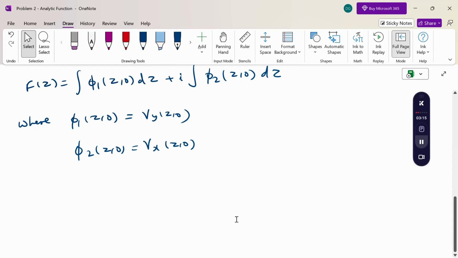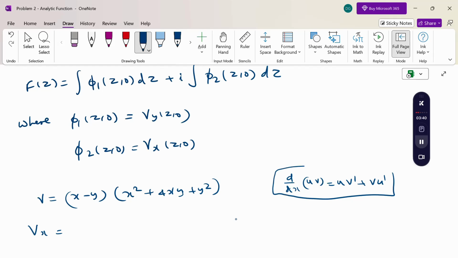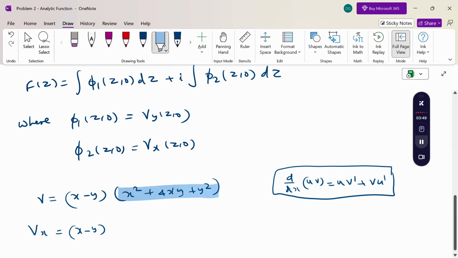Now first, capital V is nothing but (x minus y) into (x square plus 4xy plus y square). Now differentiate partially with respect to x. Consider u v, so u v dash plus v u dash. Here u is x minus y and v is the whole term to differentiate.